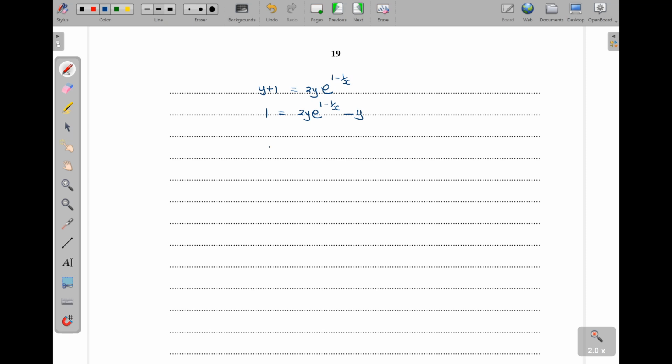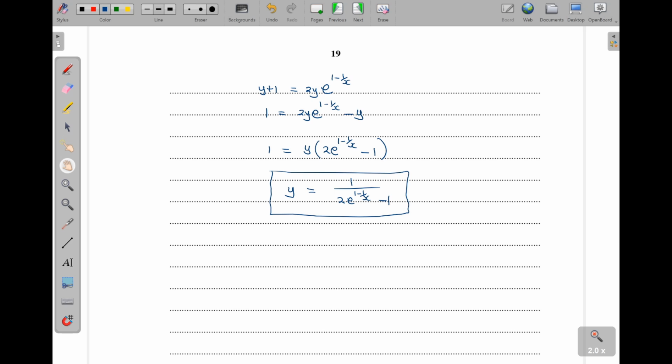Then from there, we can factorize y. So this will be 2e to the power of 1 minus 1 over x, and then minus 1. So making y the subject, y will be 1 over 2e to the power of 1 minus 1 over x, then minus 1. So this is what I've gotten here.